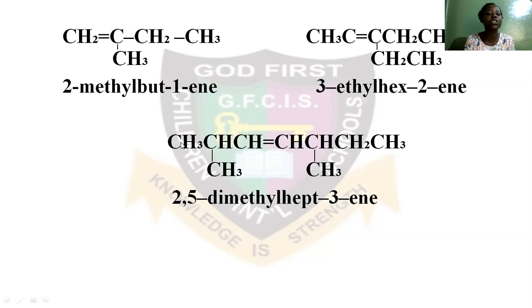Then the substituent is on carbon 2, and the other substituent is on carbon 5. So the name is 2,5-di. Remember, I said that in the presence of more than one substituent of the same type, you use di, tri, tetra, and so on to represent it. So since there are two, you use dimethylhept-3-ene. That's the name of the compound.